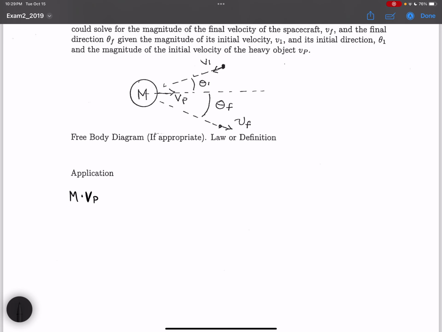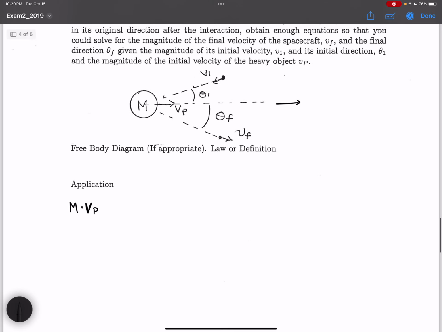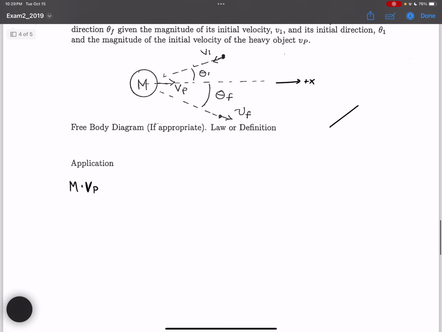This object is moving in the positive x direction. Okay, now everything makes sense. The small object has velocity v1 at this angle theta with the horizontal here, and so its x direction is negative v1 cosine theta. Its momentum is going to be ms times v1 cosine theta. Okay, so that makes sense.